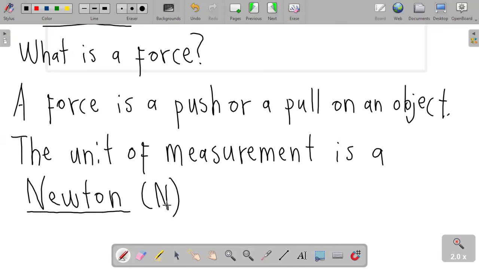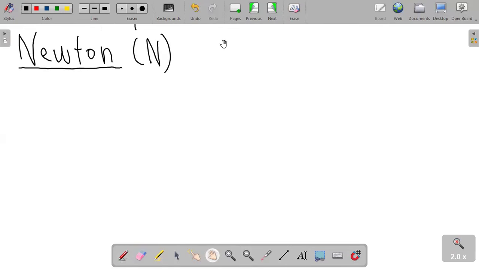And we use a capital letter here to signify, so it accompanies the magnitude here.